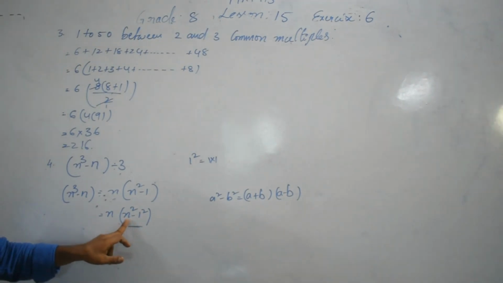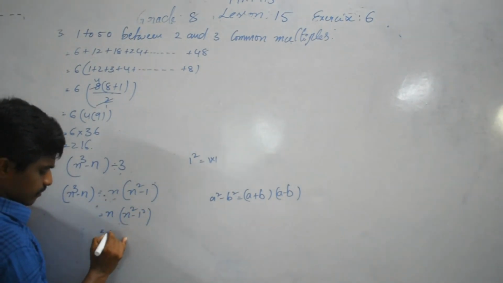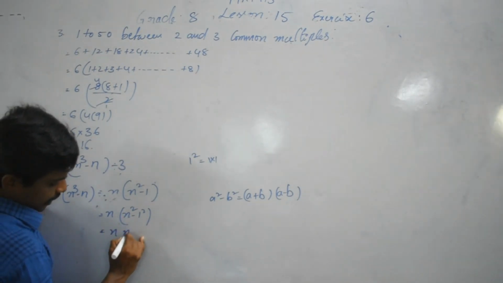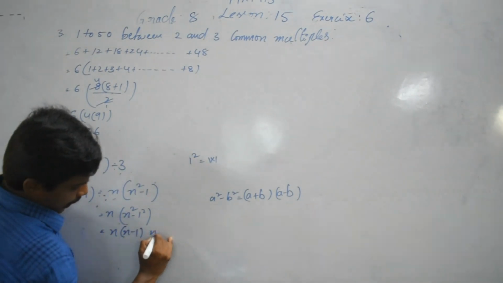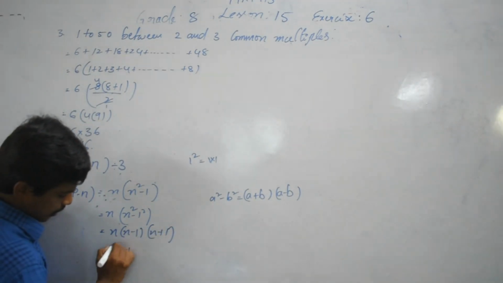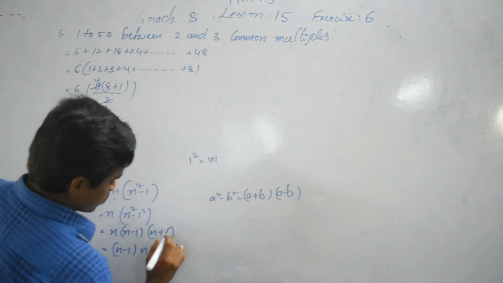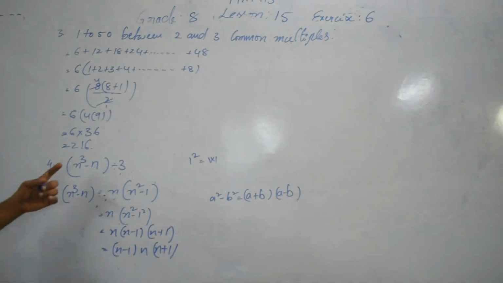So here it is n times (n minus 1)(n plus 1), that is, (n minus 1) n (n plus 1). This is the formula of n cube minus n divided by 3.